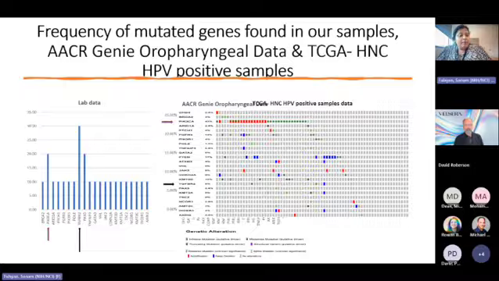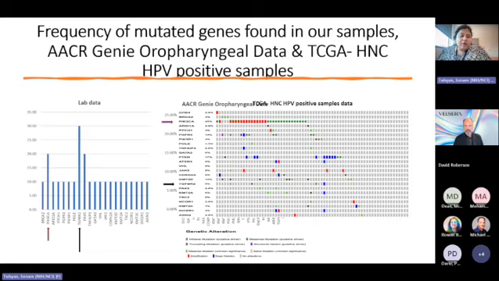We also compared the frequency of mutated genes found in our samples with publicly available databases like AACR GENIE and TCGA. We found that in our samples, PIK3CA and TGFBR2 were the most frequently mutated genes. But in AACR GENIE, we found the PIK3CA gene to be highly mutated, but not TGFBR2.